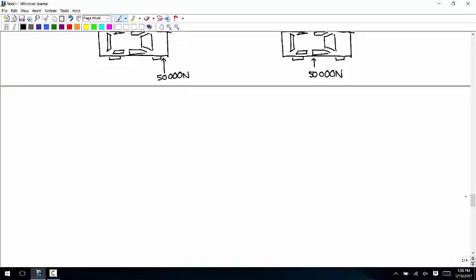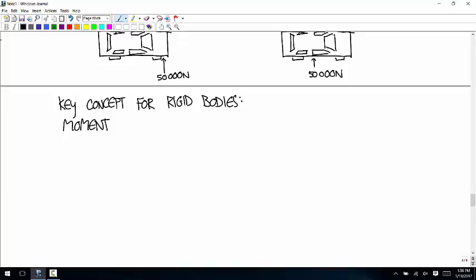So there's a key new concept that we need for rigid bodies, and that is the moment. People also call it torque.